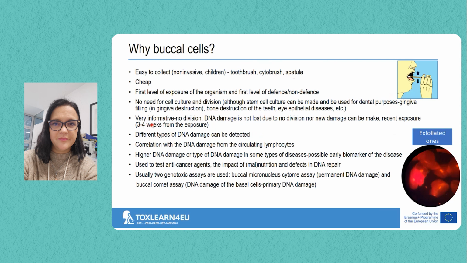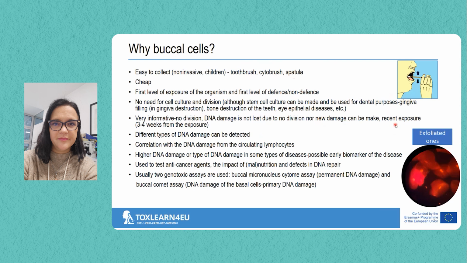These buccal cells, when you are assessing the DNA damage from them, are really informative because, as I have told you, after passing the basal cell layer, there is no division of the cells. So the DNA damage that has been made in the basal cells is not lost to division, or new damage cannot be made.